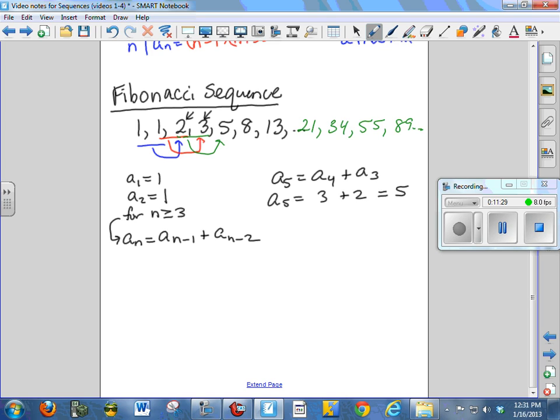They're seen in the way certain things grow or multiply. If you looked up the Fibonacci sequence on the internet, you would find a lot of interesting information about Fibonacci patterns in nature. If you're interested, feel free to do that.